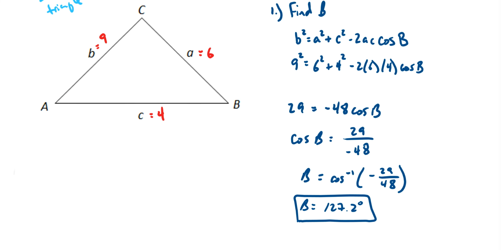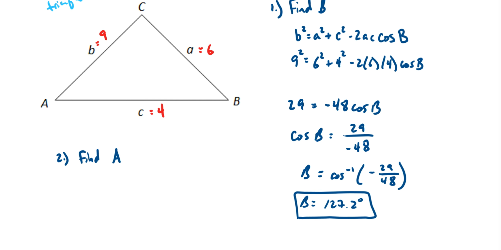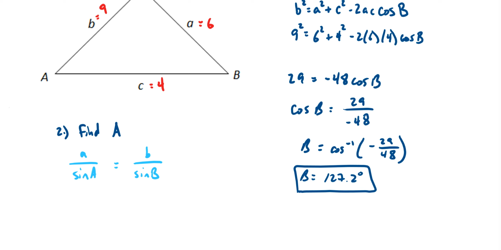So we just did law of cosines. For the next one, find any other angle. It doesn't matter, let's find angle A. So law of sines says a over sine of A equals, we need to use b over sine of B because we don't have angle C just yet. And plug everything in.